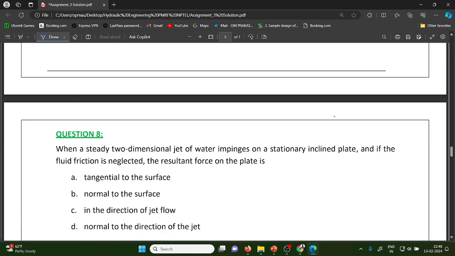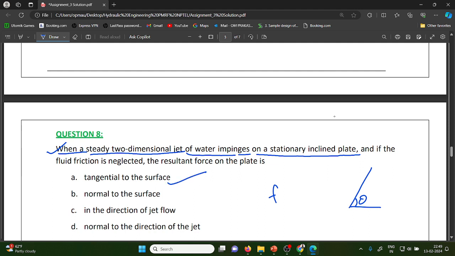Question 8. When a steady two-dimensional jet of water impinges on a stationary inclined plate, this is the stationary inclined plate at angle theta, and if the fluid friction is neglected, the resultant force on the plate is what?